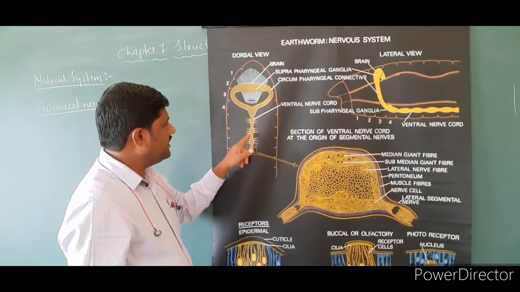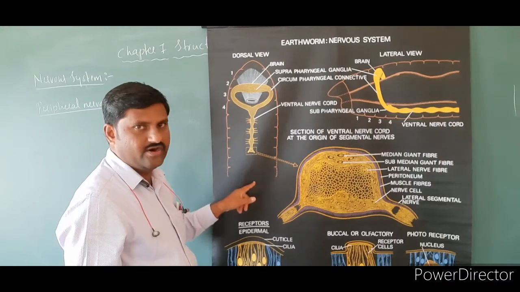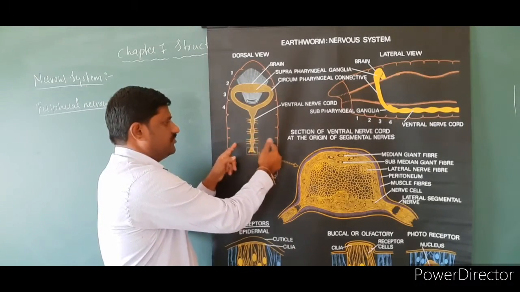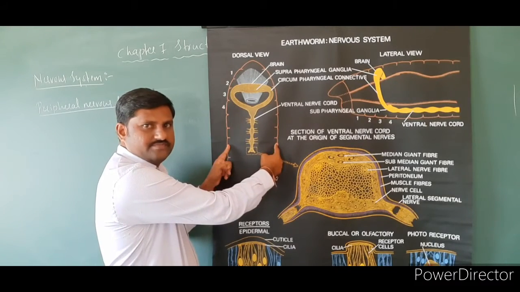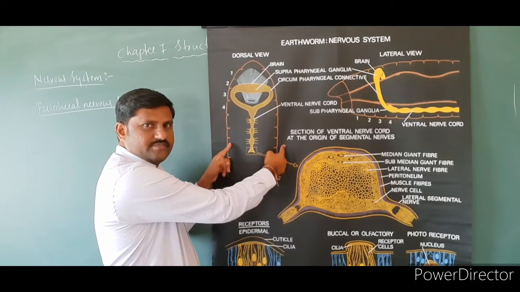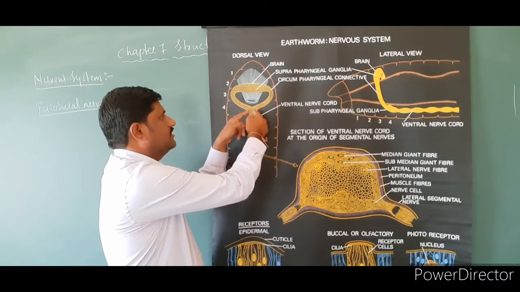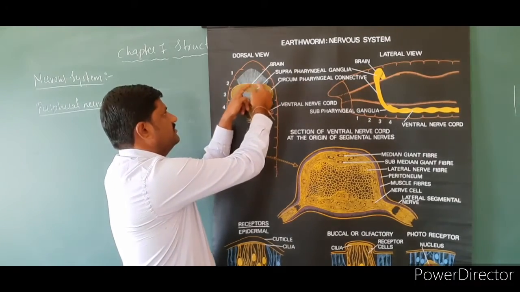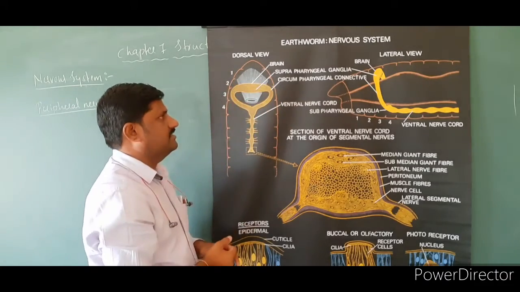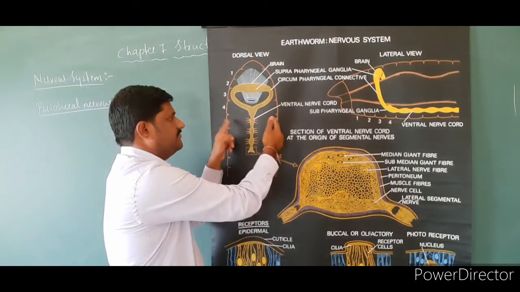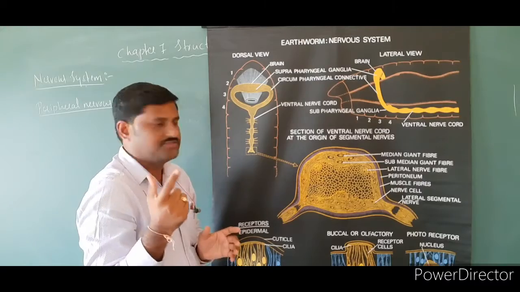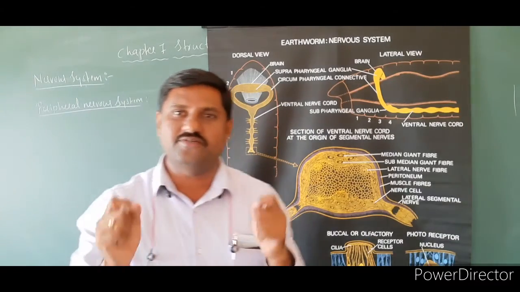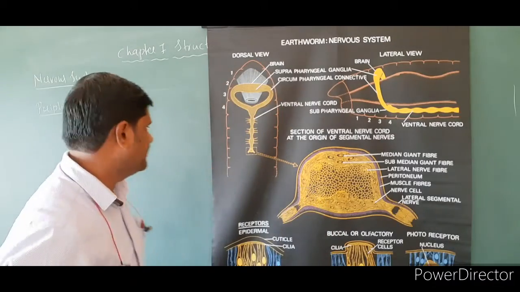And from each segmental ganglion, many nerves are distributing towards the periphery of the body. Nerves arising from the subpharyngeal ganglion, the suprapharyngeal ganglion, and the segmental ganglions, all these nerves together form what? The peripheral nervous system, remember, right?